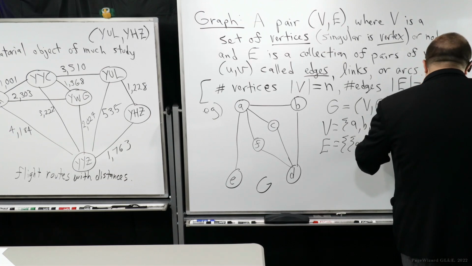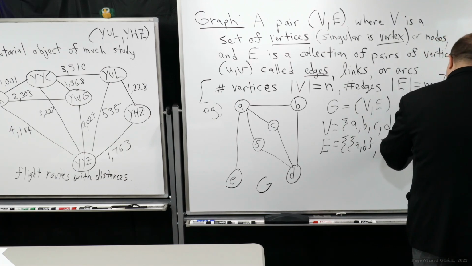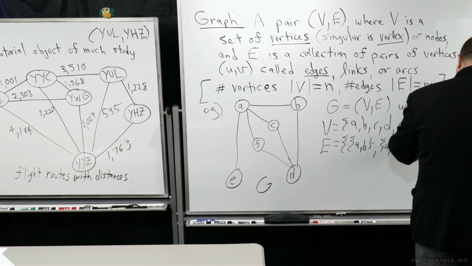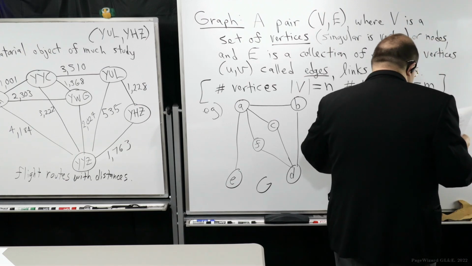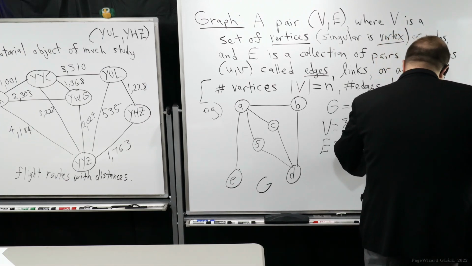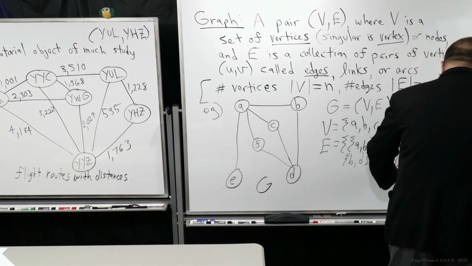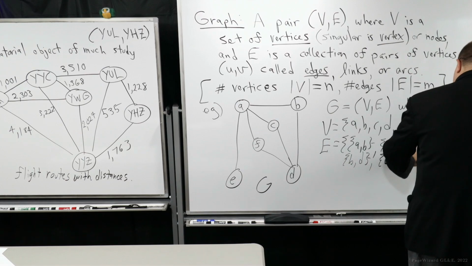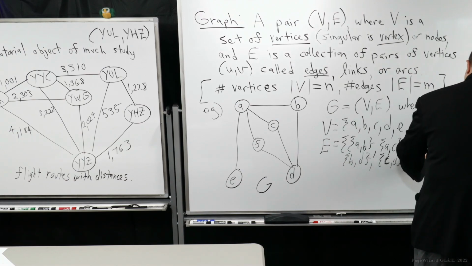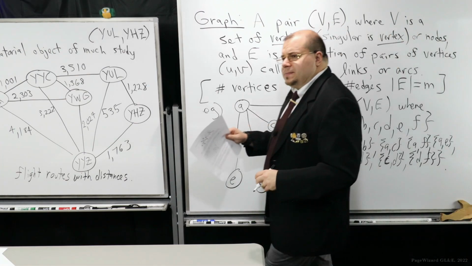So AB, AC, AF, AE, BD, CD, and we got DF. So here's the graph.